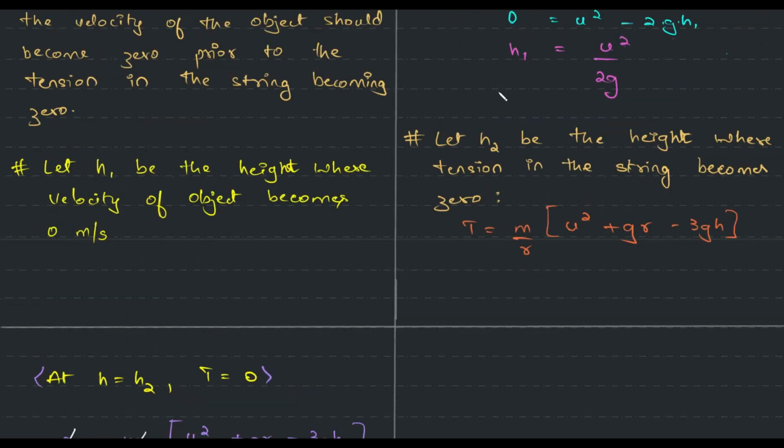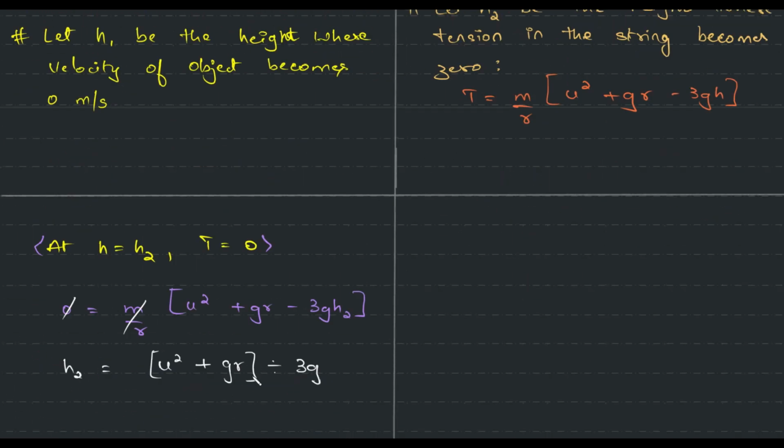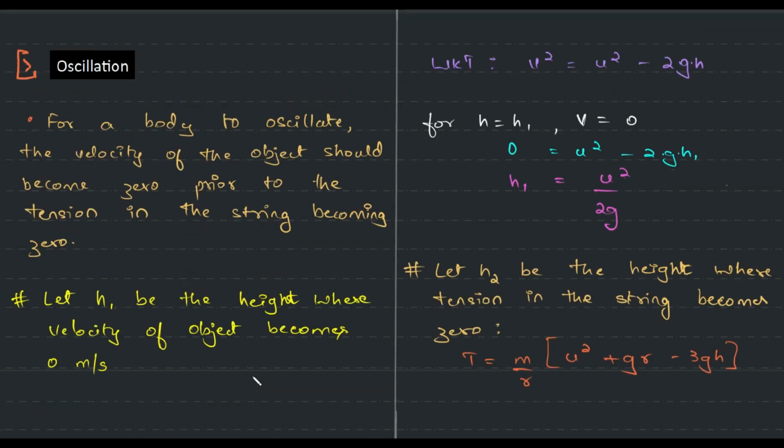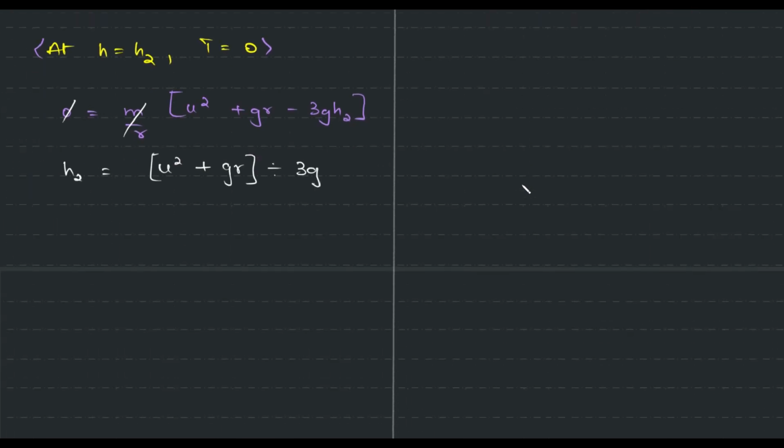Now we have h1, we have h2. What should we do? Clearly h1 has to come before h2, or the value of h2 has to be more than h1. Is it not, guys? h2 has to be greater than h1, or at least equal to h1. That's the maximum possibility.